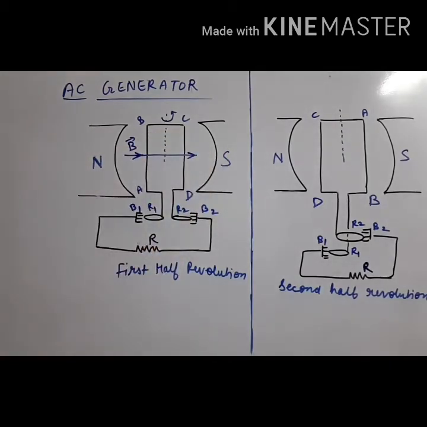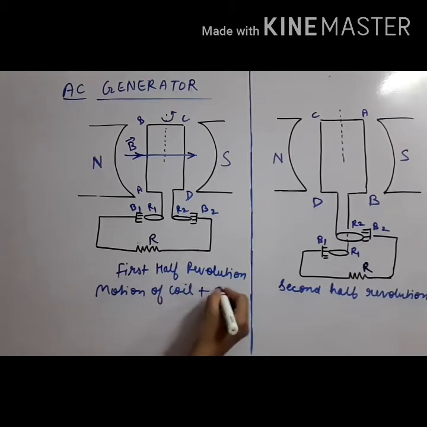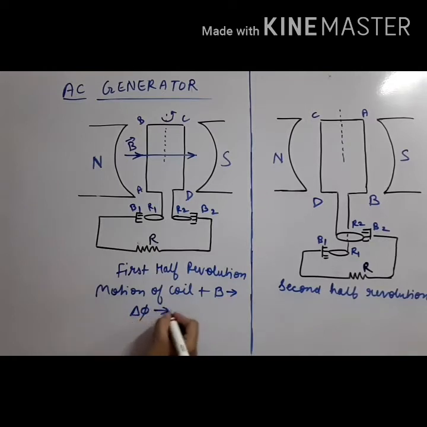Magnetic field lines should cross the coil. Now as is the principle, what we have written: one coil should be moved in the presence of B so that change of flux takes place, and that's why induced current will be produced. Let us understand it in both the diagrams.